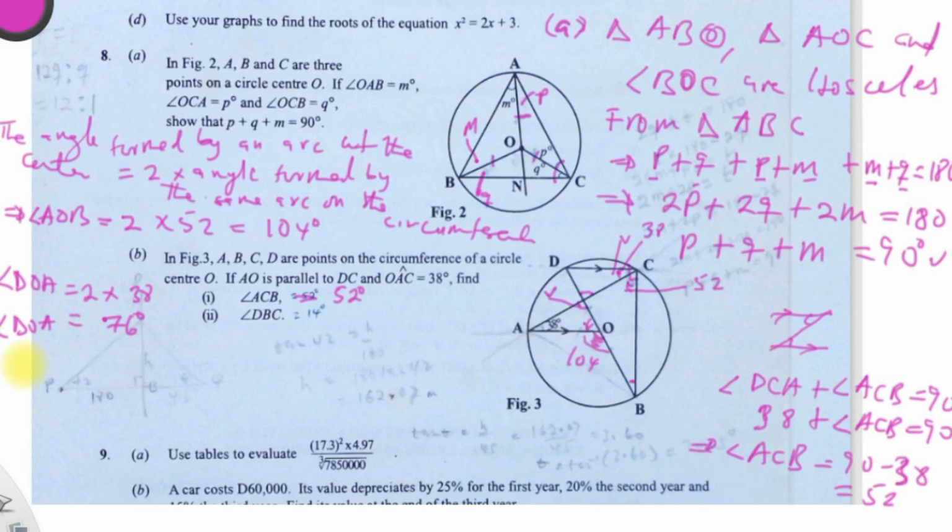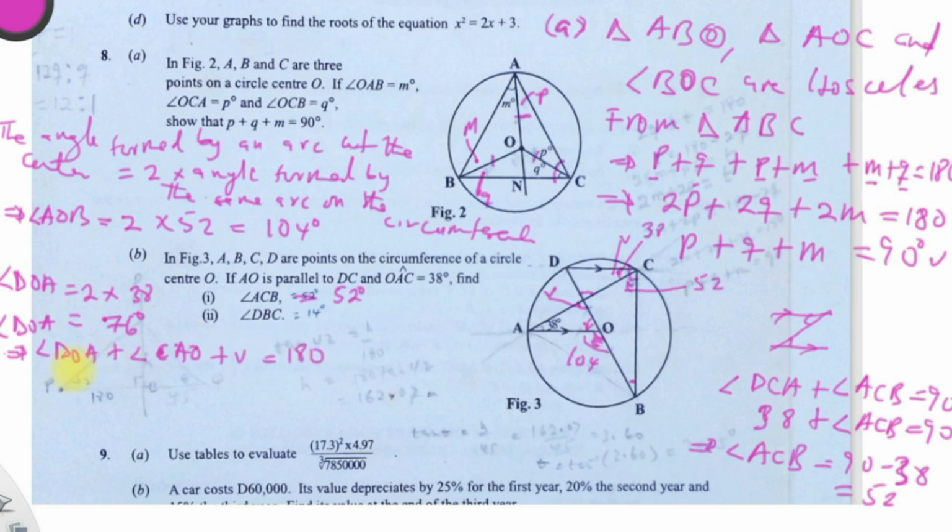This is a triangle. Have you seen? So it implies that angle DOA plus angle CAO plus V gives us 180 degrees, obviously.